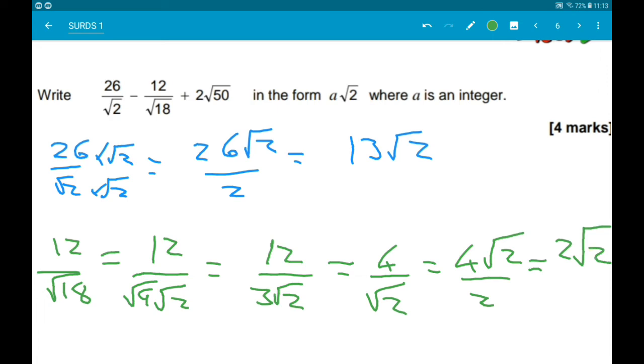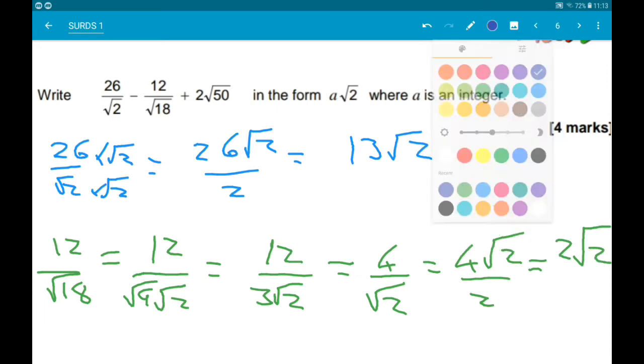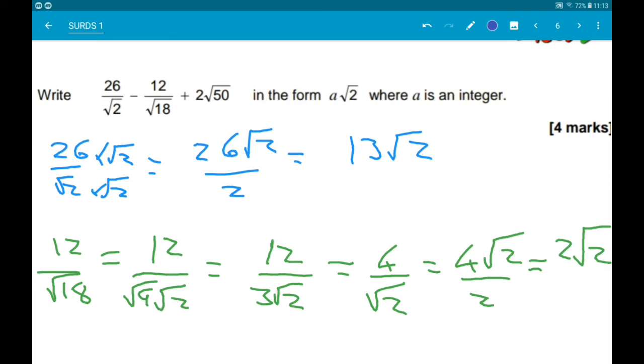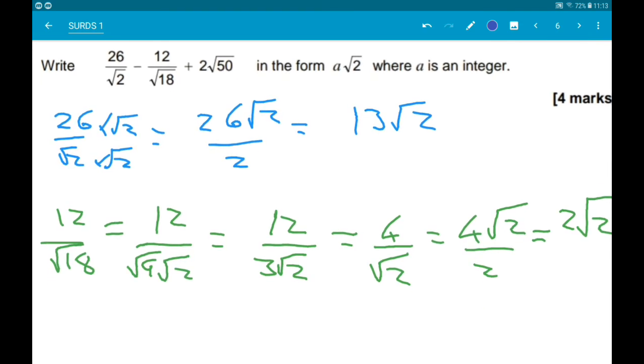Okay, then the third one, 2 root 50 is 2 root 25 root 2. Root 25 is 5, so we have 2 times 5 root 2. This is 10 root 2.